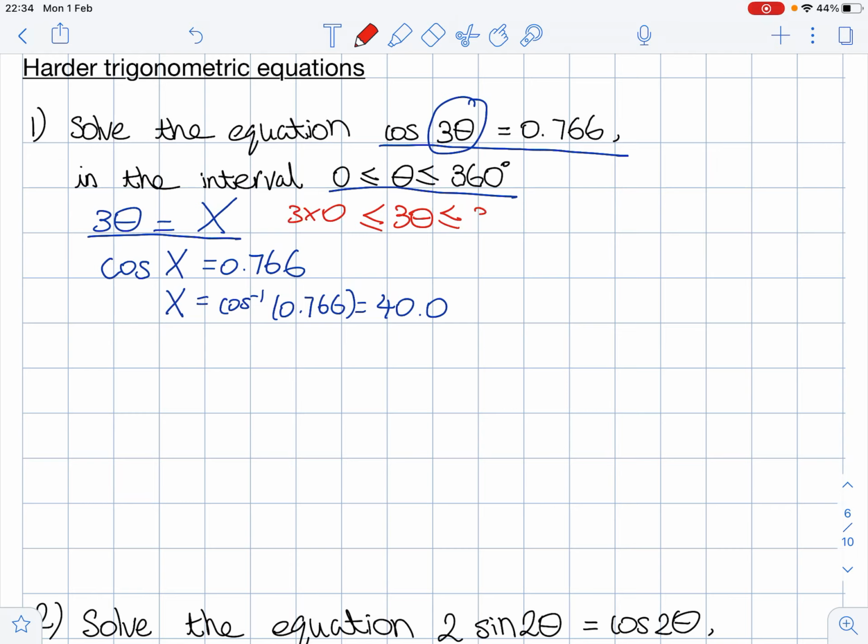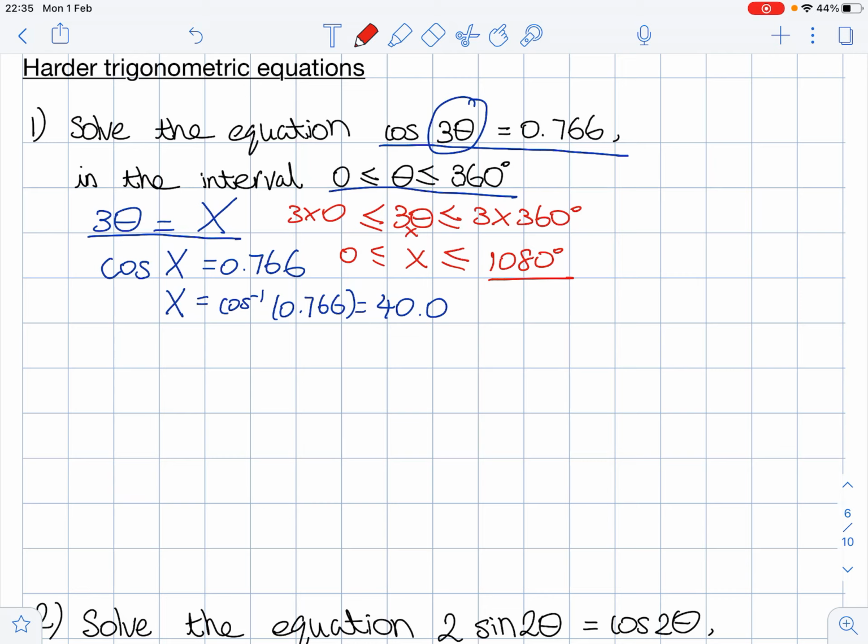So 3 times 0 is still 0, then 3 times 360 is 1080 degrees. Remember our 3 theta is the same as X. So we need to find all the values for X, where cos X equals 0.766, between 0 and 1080.